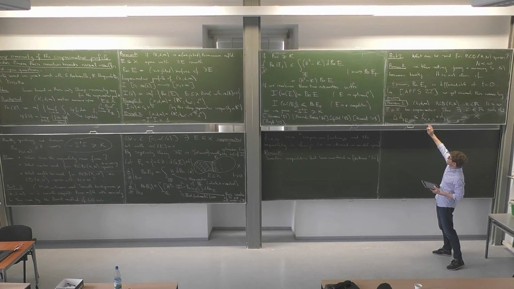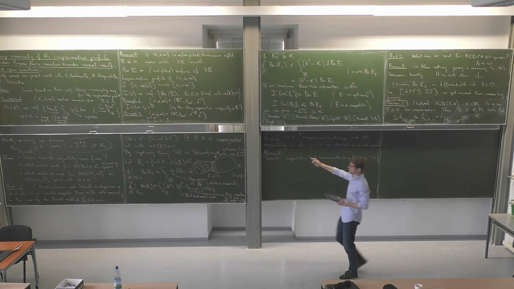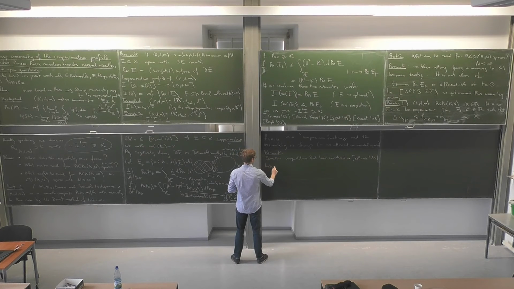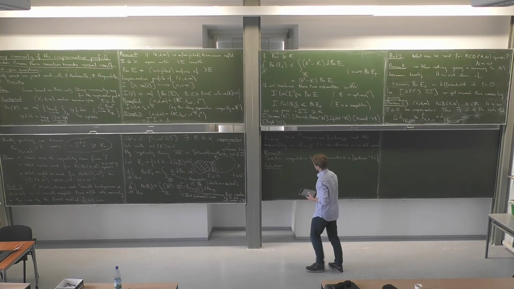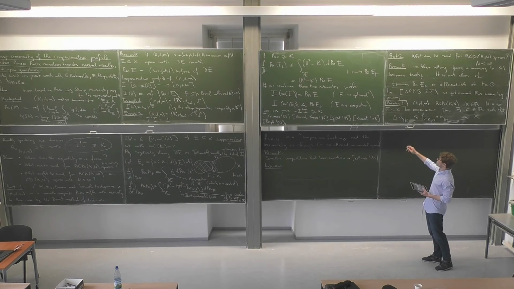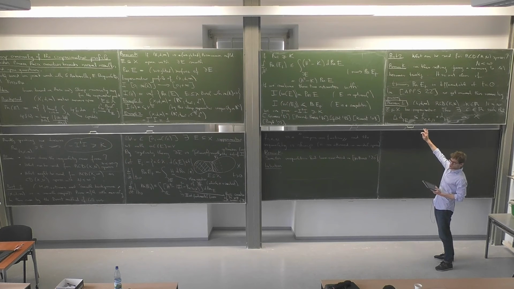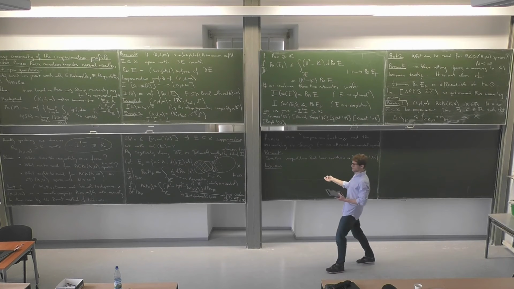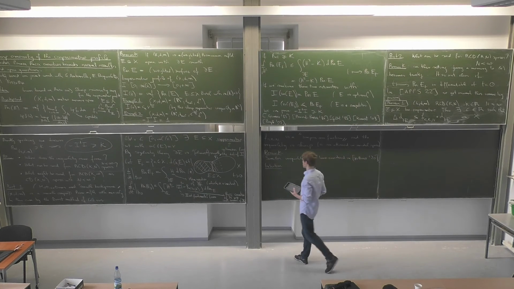So why is such an inequality related to the computations that I did before in the smooth setting? The intuition that was already mentioned in the previous talk is that if you have a smooth hypersurface in a smooth Riemannian manifold, and you compute the Laplacian of the distance function from the hypersurface, say the signed distance function, then along the hypersurface this is equal to the mean curvature of the hypersurface.